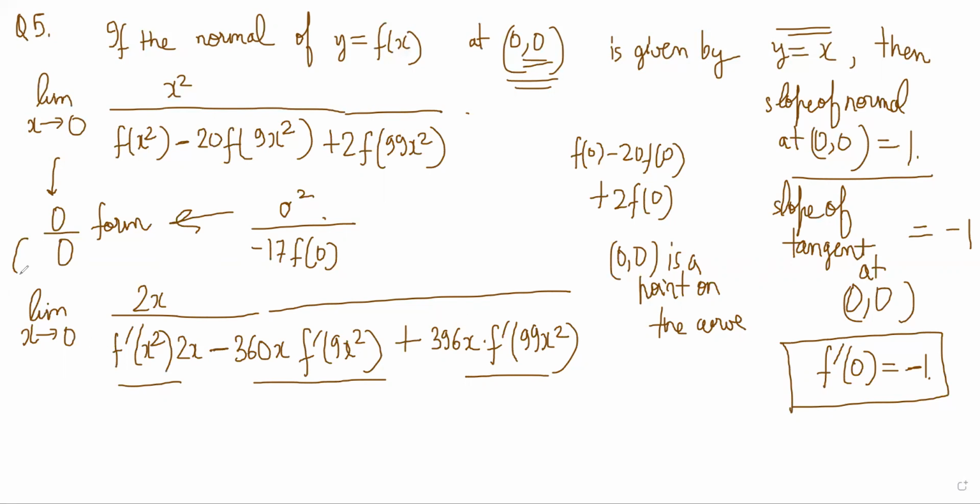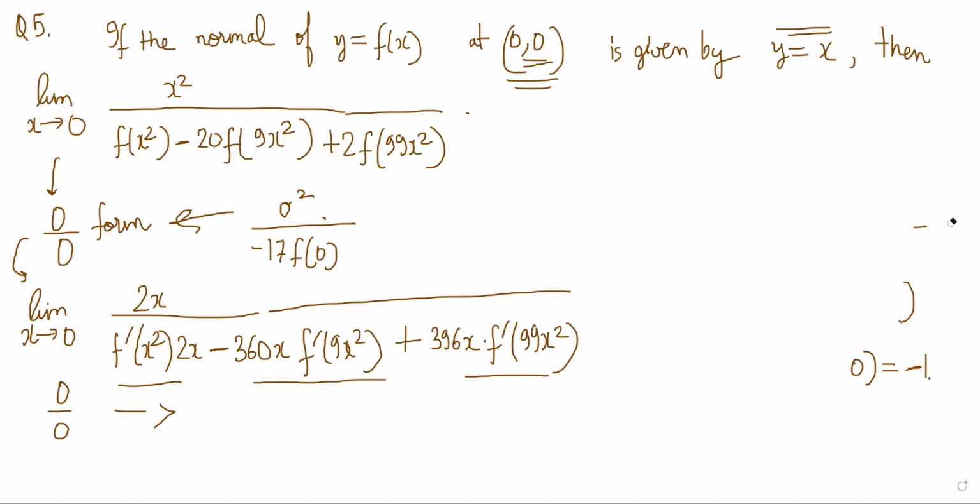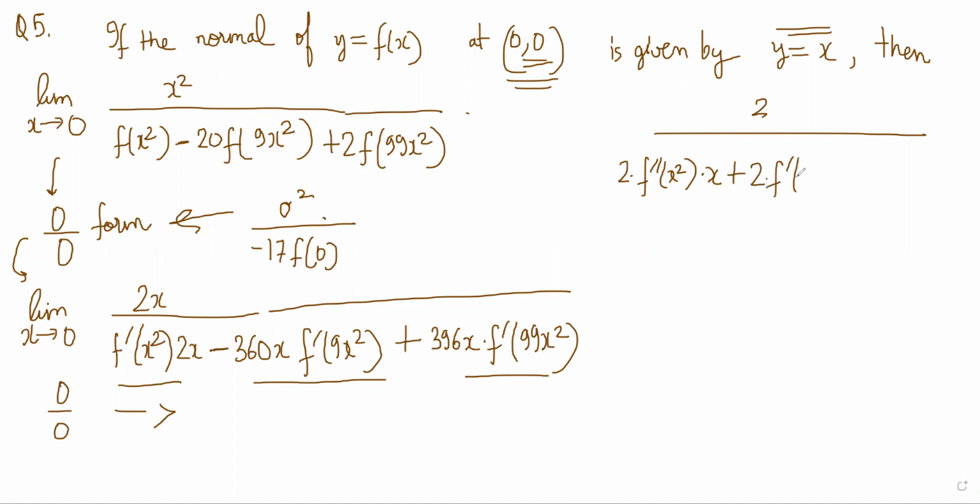If after one time of applying L'Hopital's rule, you're still getting a 0 by 0 form, what do you do? You have to differentiate once more. So I will have to differentiate this expression once more. This becomes 2 by, differentiation of this, so 2 times f double dash x square into x plus 2 times f dash x square into 1, right?